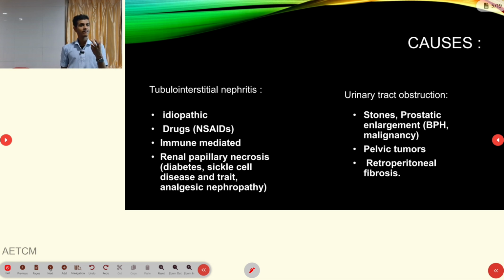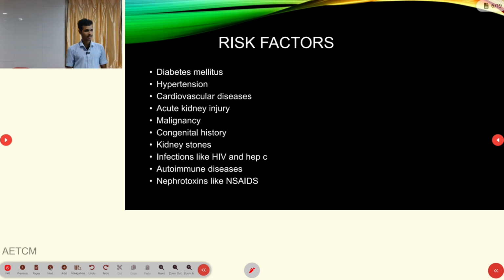Whenever we hear obstruction, we have to think about two things, intraluminal and extraluminal. Intraluminal causes include stenosis, intraluminal tumors, or stones inside the lumen, and extraluminal causes include extraluminal tumors. Those are some common causes of urinary obstruction, thereby leading to CKD.